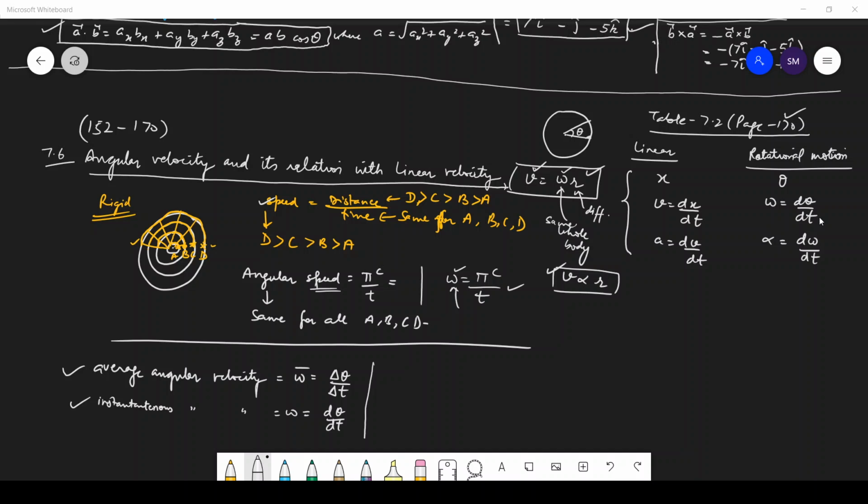So you can again do it with the right hand thumb rule, like we use for the cross product also. In physics, this right hand is very important. So curl your fingers in the direction of rotation. You can see figure 7.7a. There are two figures. The figure on the left hand side, which direction is it moving, clockwise or anti-clockwise? First one clockwise and second one anti-clockwise.